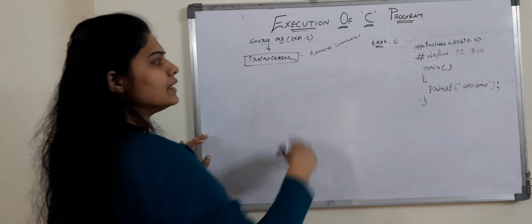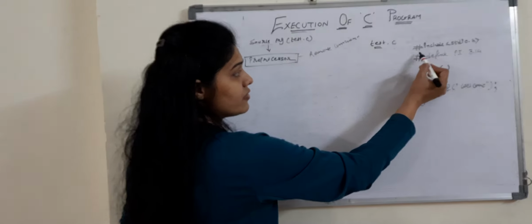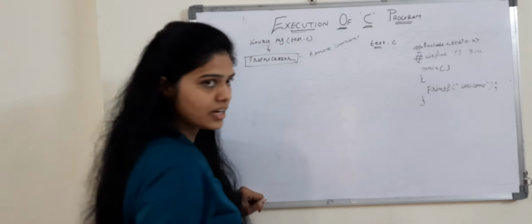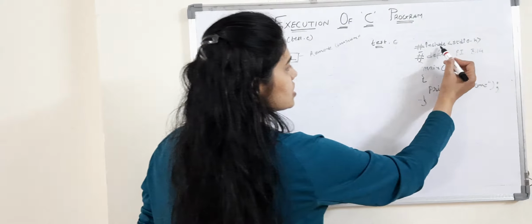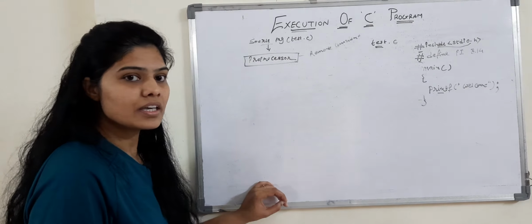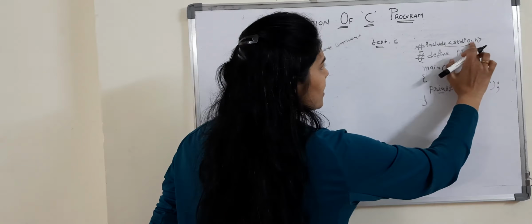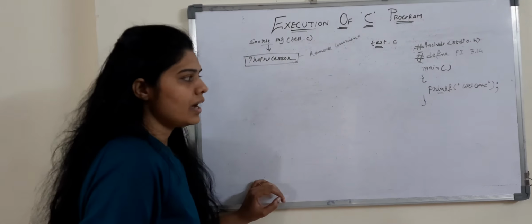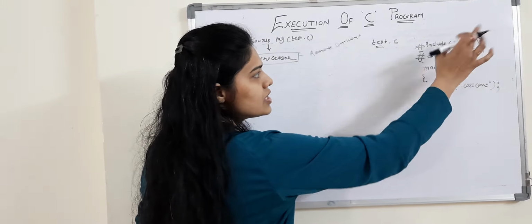Then the next step is, whenever the preprocessor finds this kind of hash directive, it is going to remove that statement. Why do we use this statement? Because this printf output statement is supported by a library, which is why we include the standard input output header file, and the actual definition of printf is in this header file.